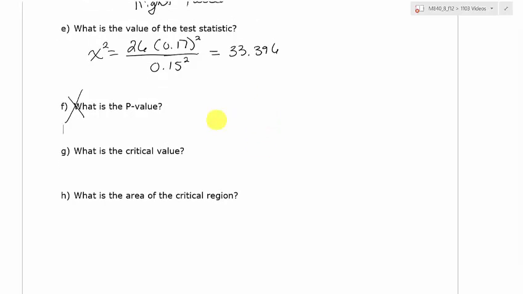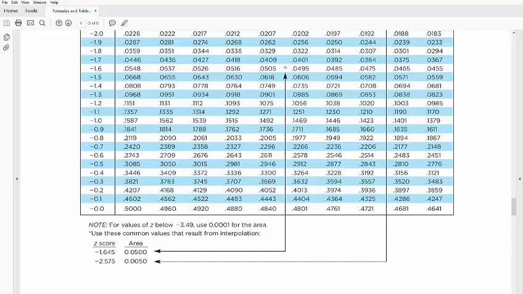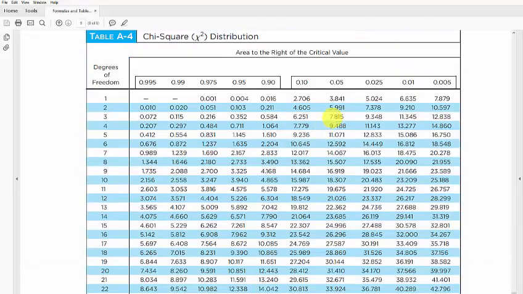So I need to bring up the chi-squared table. So here is the chi-squared table. We're doing a right-tailed test with an alpha level of 0.05. The table gives us areas to the right, and so because we're doing a right-tailed test and the significance level of 0.05, that means that I have an area of 0.05 in my right tail.